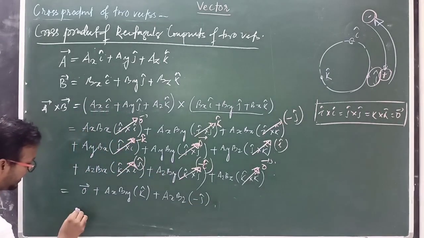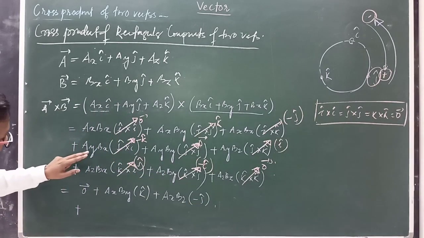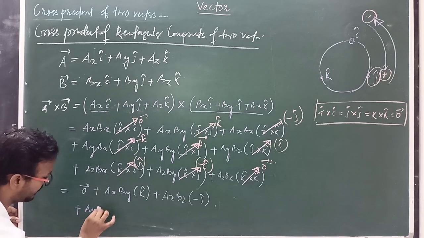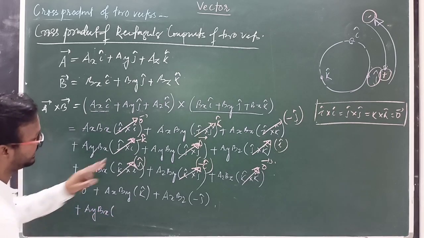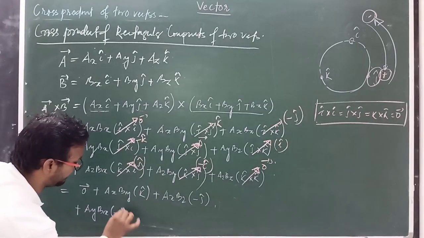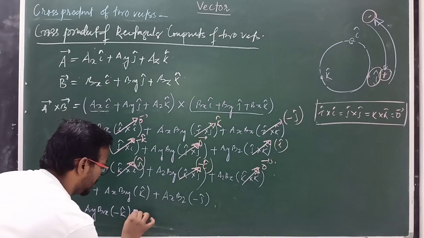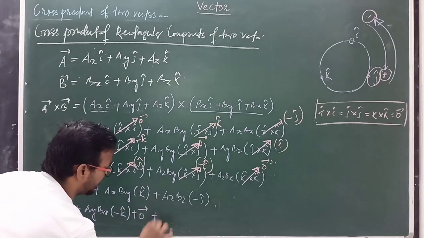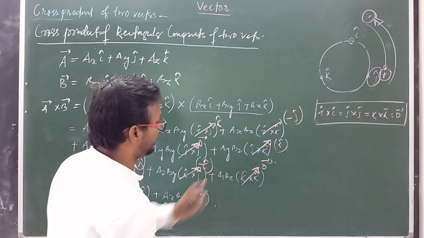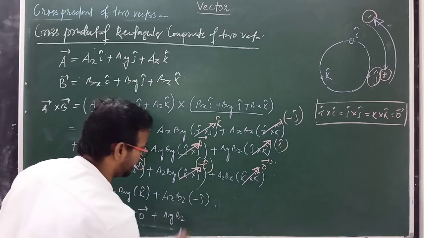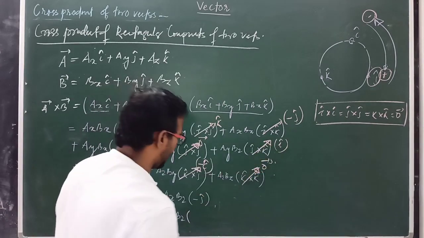Come to second line here, writing plus ay bx. So ay bx into minus k cap is here. Clear? And again here 0 vector, so plus 0 vector, plus then ay bz and here i cap.